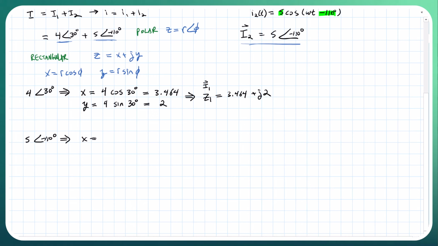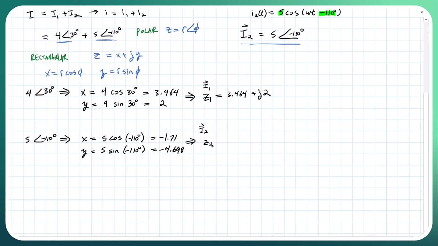X equals 5 cosine minus 110 degrees. We plug that in, we get minus 1.71. We get y is 5 sine minus 110 degrees, and that's going to give us minus 4.698, to get to the third digit here. We add those to get the rectangular format. Again, this is technically our I2.